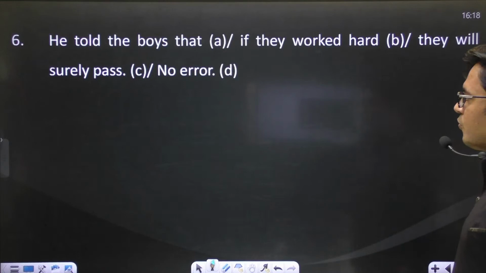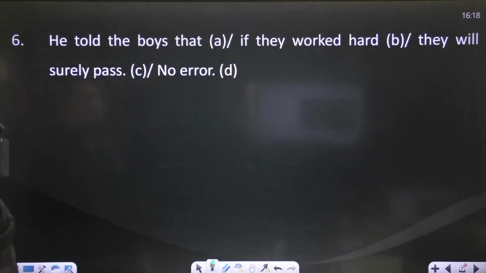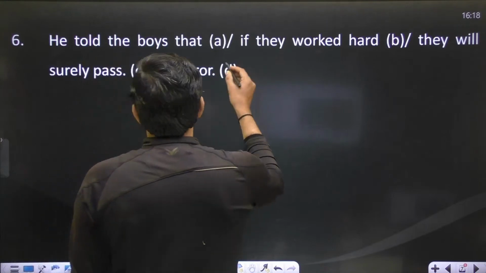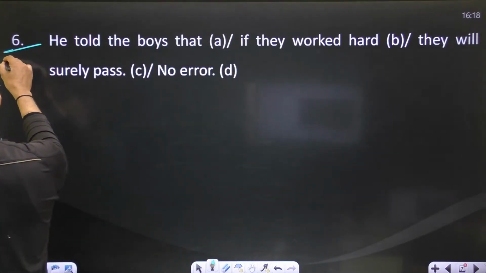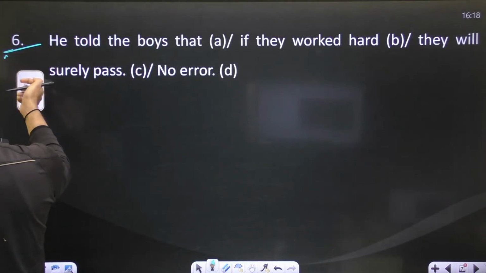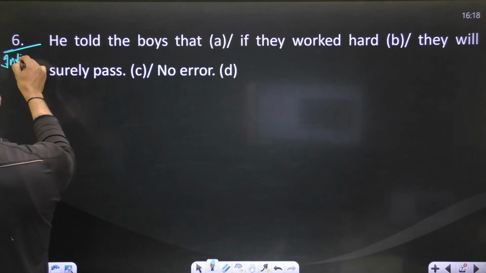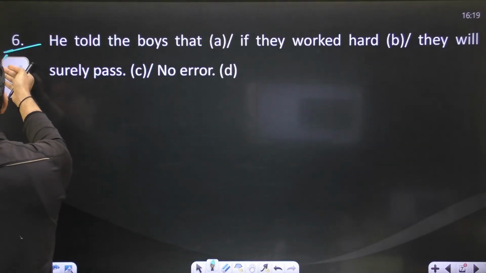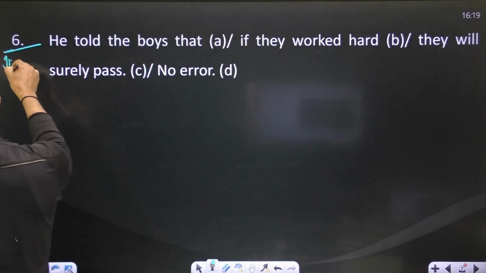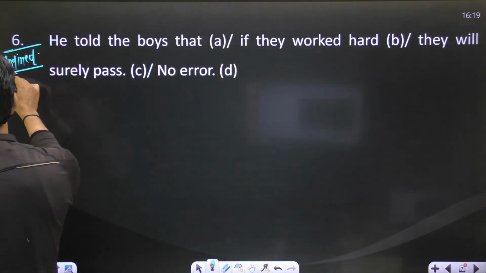Okay, let us move. He told the boys that if they worked hard they will surely pass. Okay, same thing if you just apply. In this sentence, you know, this sentence is in indirect speech, right?